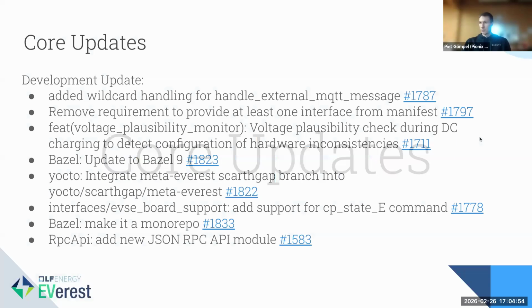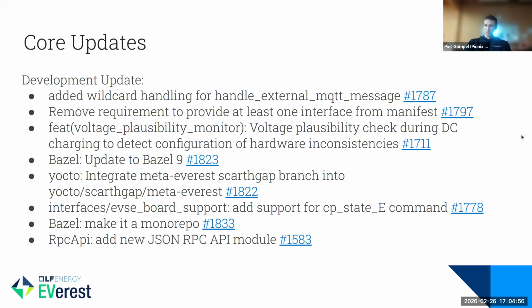We start with the core updates. So here's a list of things that we have added in the past month. We added wildcard handling for external MQTT messages that was working before a refactor of the message handling in the framework, and now it is enabled again.